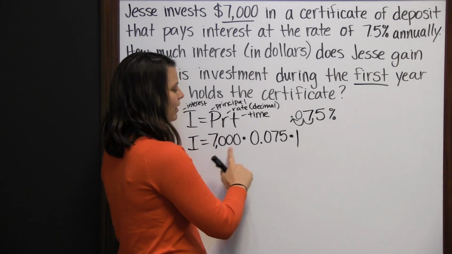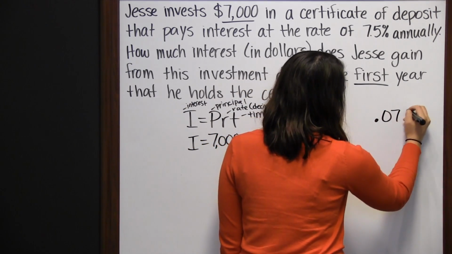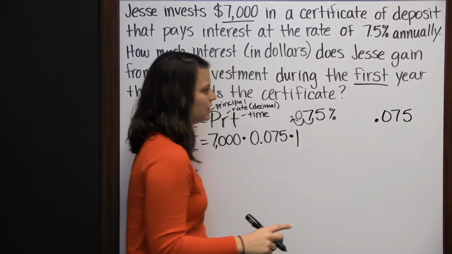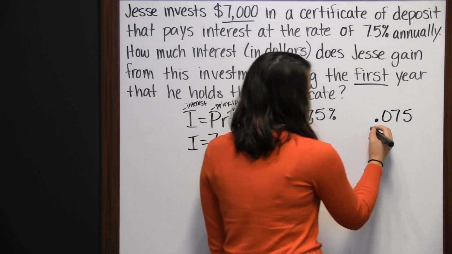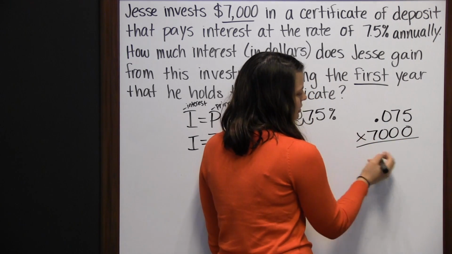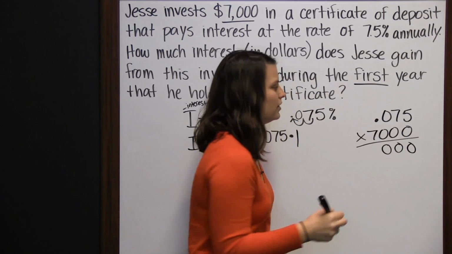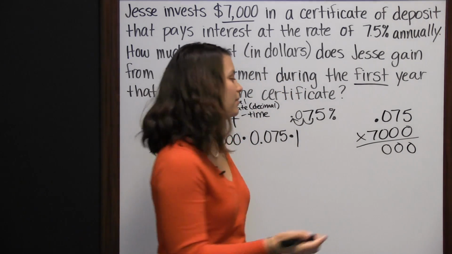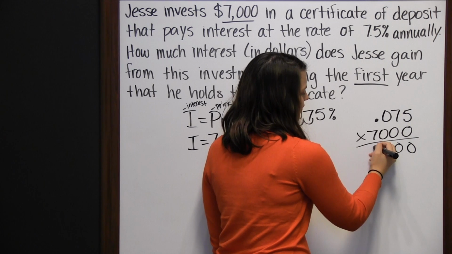So I just need to multiply these 2 numbers together. So I have this 75 thousandths, and I'm going to put it on top because it's very easy to multiply times 7,000, since the first thing I'm going to do is just write down those 3 zeros. And then the only number I really have to multiply by is the 7. So 7 times 5 is 35.